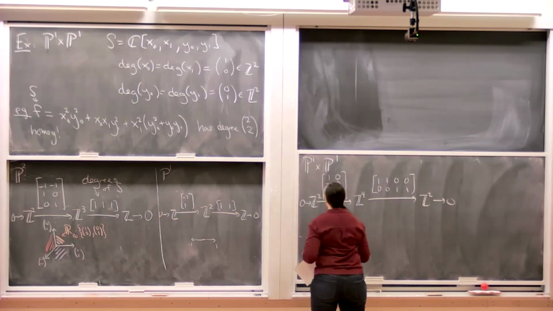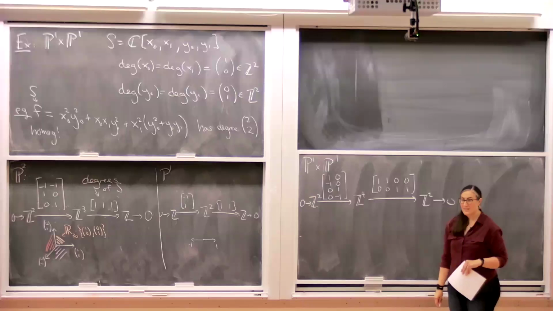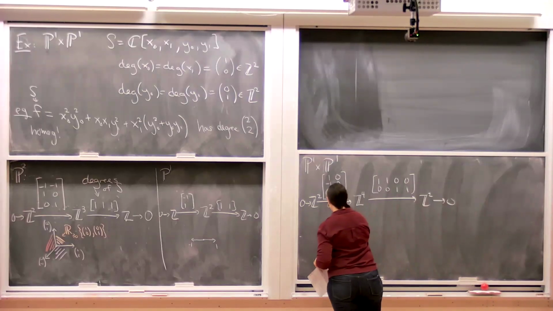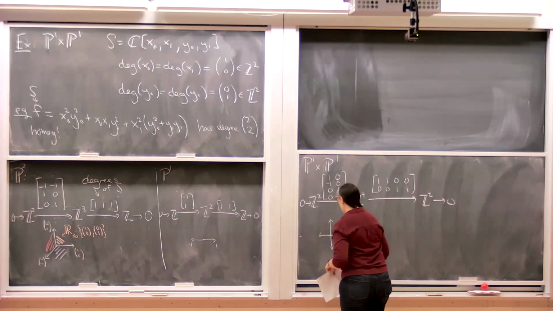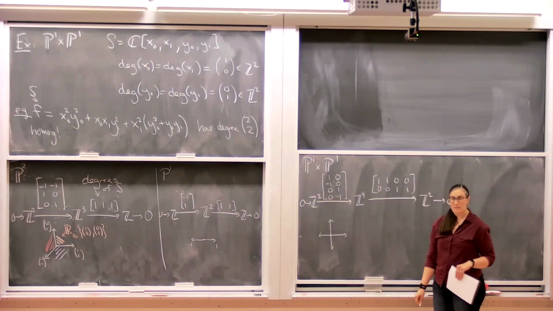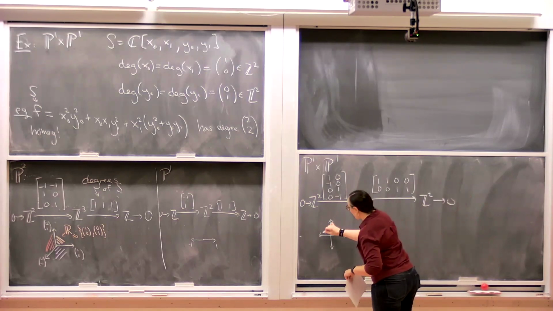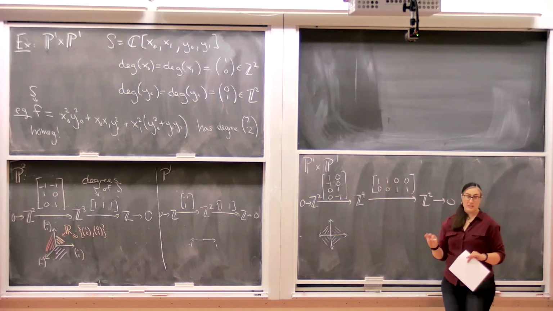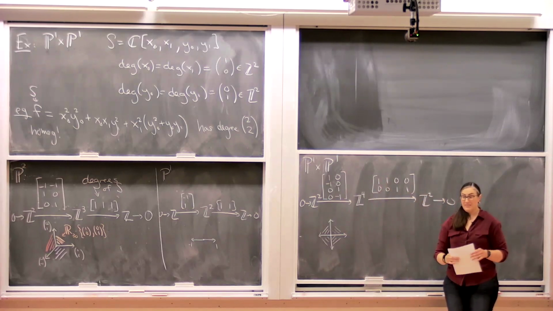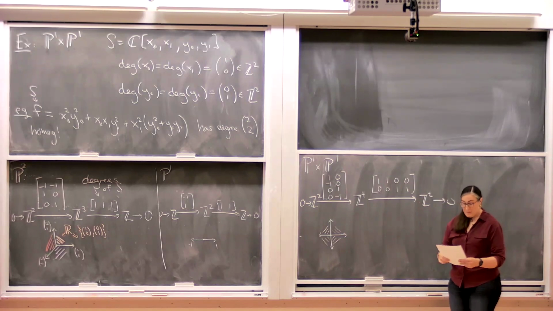Okay, so I get this. Right, so this looks like a plus sign, where these are all unit vectors. And so then I can just fill them in. And so now this gives me a combinatorial object I could associate to P1 cross P1. And that is what we will do.